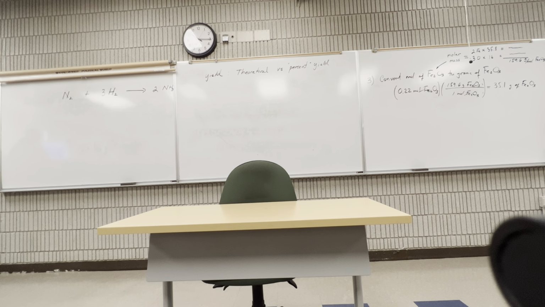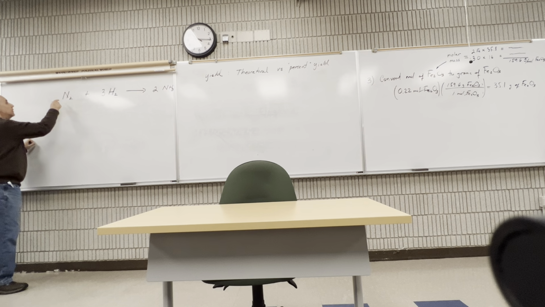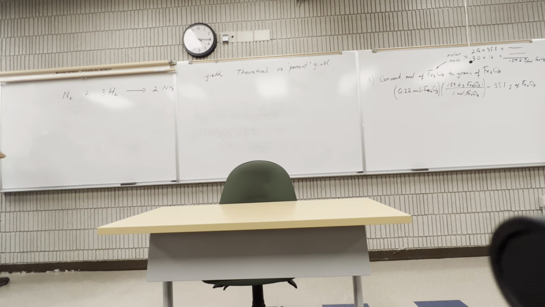And let's take a look at that equation to begin with. If we were to convert this to grams, and let's do that, what is 1 mole of N2 in grams? Well, we need to look for nitrogen and multiply it by 2, right?